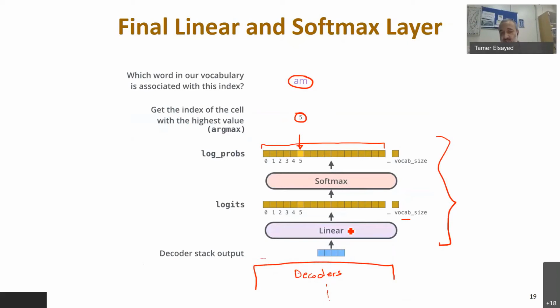That goes into the linear layer, which is like one layer of a neural network, and then goes to the softmax just to produce probabilities, which will correspond to the word that we will consider now the output of the network. So this is just repeating what I mentioned earlier.